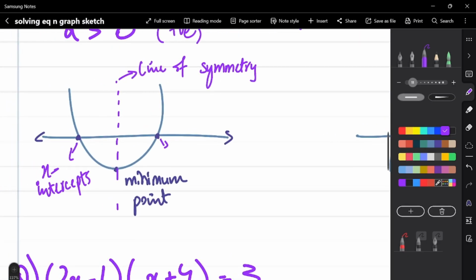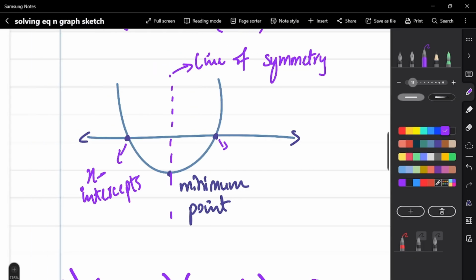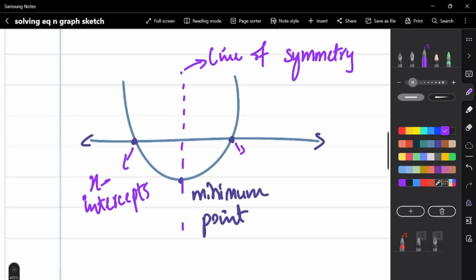Alright, and there are 2 parts to the division of this graph. On the left hand side, we can see that the gradient is decreasing. So it has a negative gradient, which means that this function is decreasing.